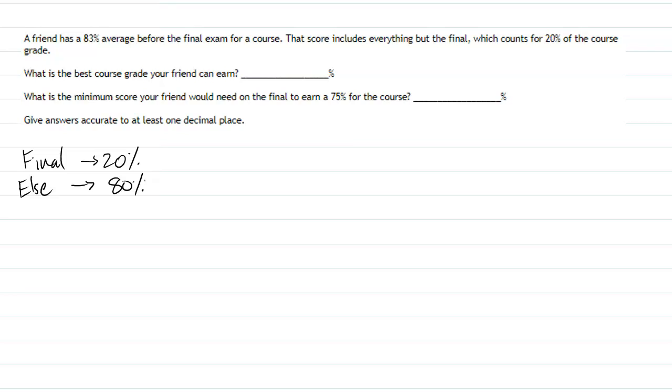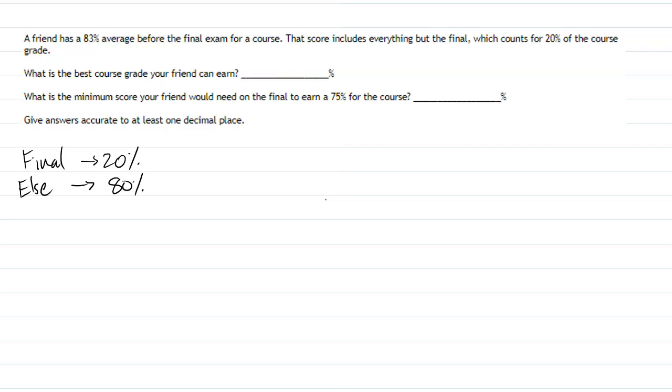Okay, and we know that the friend had an 83% average before the final exam. So if we think about that, 80% of the course is done. It's just that remaining 20% from the final that remains.